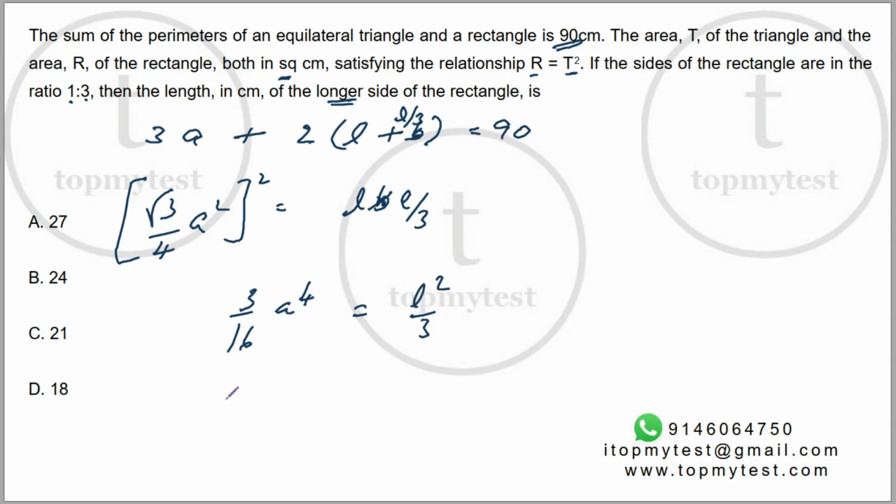If I rewrite this, you will get L square will be equal to 9 by 16 A to the power 4. If I rewrite this, you will get L should be equal to 3 times A square by 4, which is same as 3 into A by 2 whole square.